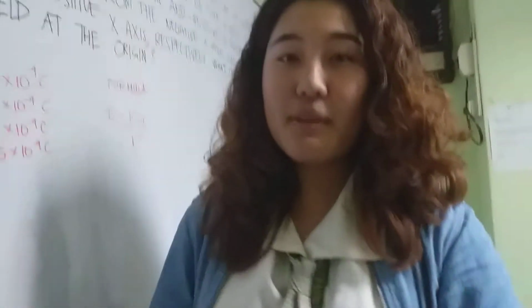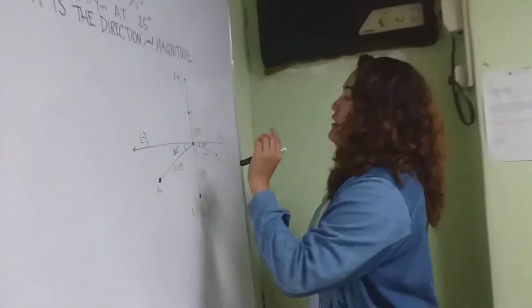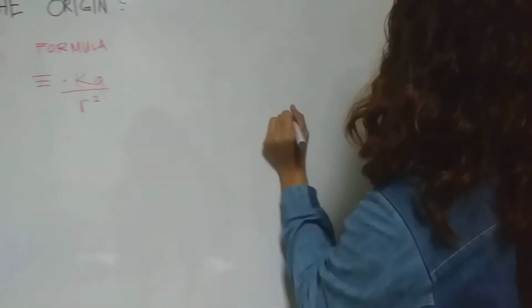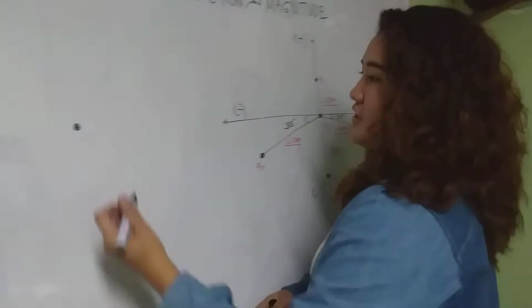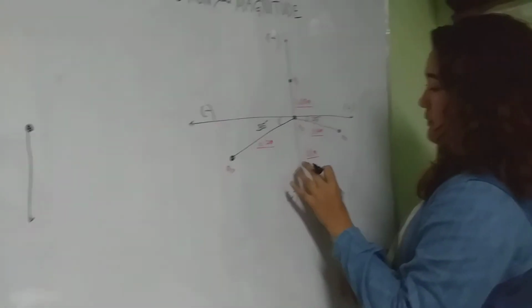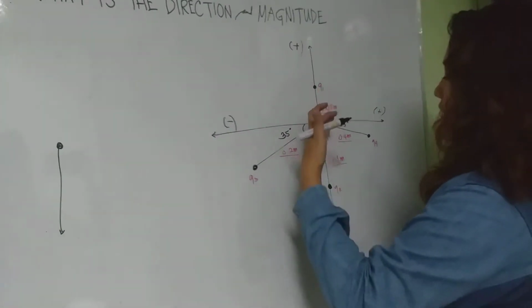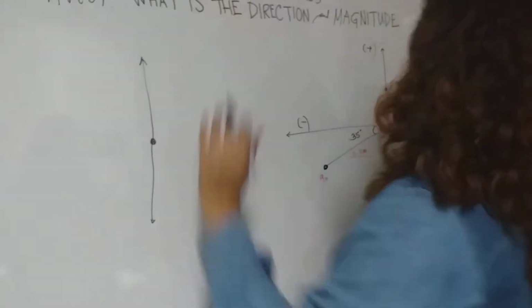For the free body diagram, we will be looking for the electric field at the fifth point. Since our first point is positively charged, it will repel our fifth point. Since our second point is positively charged as well, it will repel the fifth point, which is why it goes upwards.